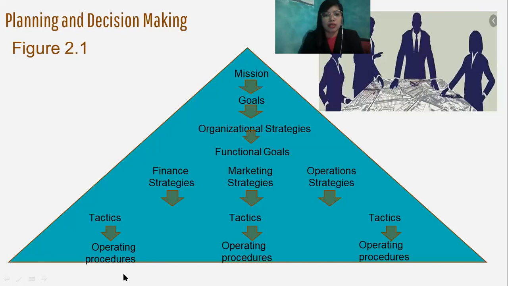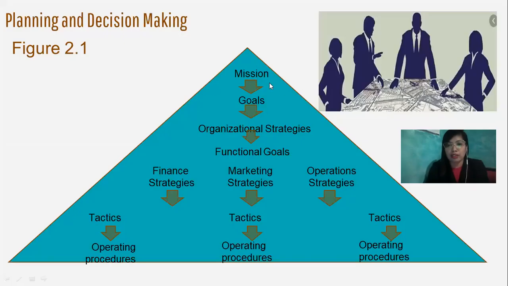For this figure, you can see the triangular shape. We have the mission, followed by the goals, followed by the organizational strategies. What are the functional goals under the organizational strategies?